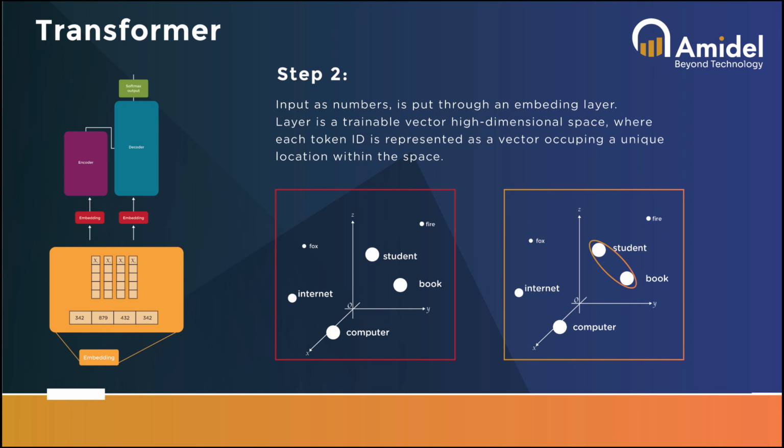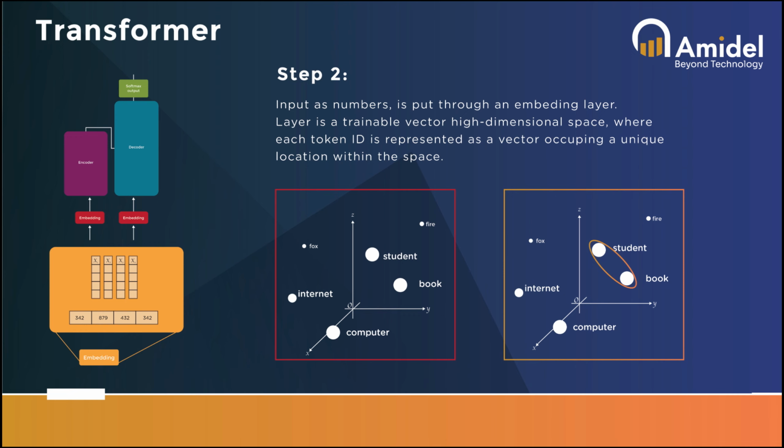The words are then mapped to vectors, and we do vectors because that's how we can create a relationship in a space. Think of it as I've demonstrated over here. We'll have internet, student, book, and computer in this 3D vector here. And when you put in the prompt, it will say, okay, so Tabo is asking about the income statement and profit.